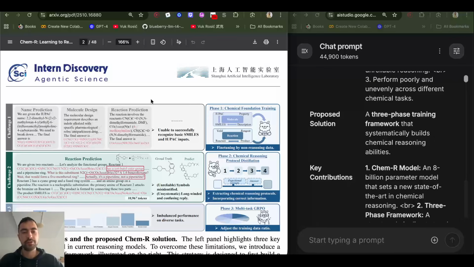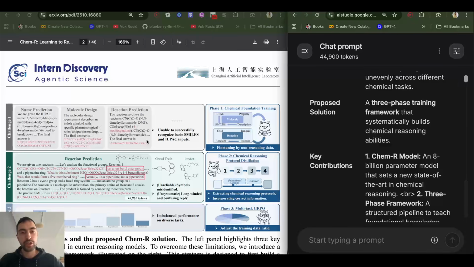In this paper, researchers built a 3-stage training pipeline that teaches the model to be a lot better at chemistry. So they created a much better 8 billion parameter chemistry model.